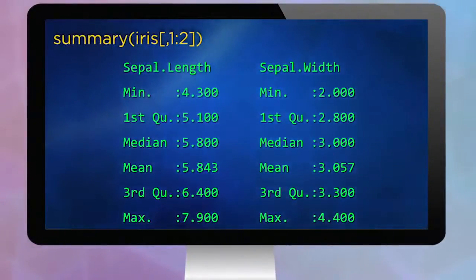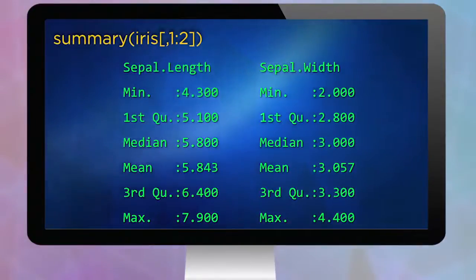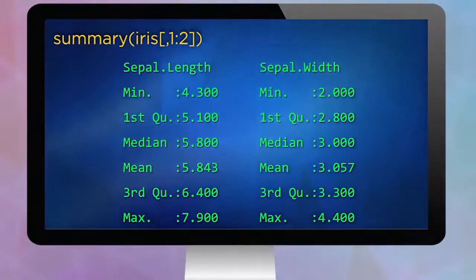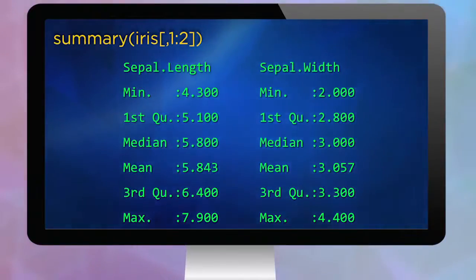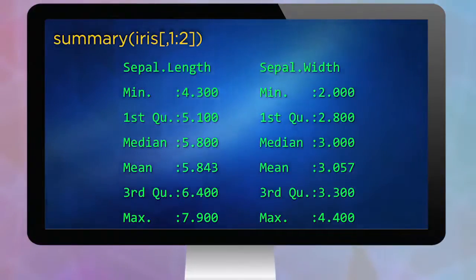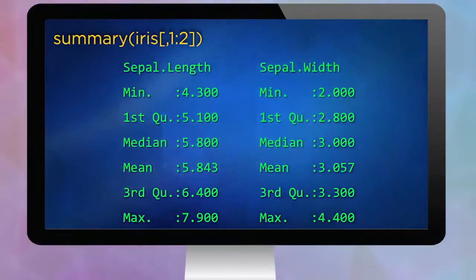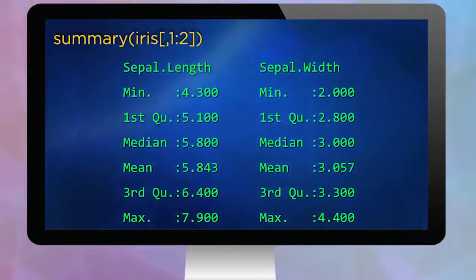You see the minimum value, the first quartile, the median, the mean, the third quartile, and the max. So immediately just looking at your minimum and max, you can see, say for sepal width, from 2 to 4.4, the range of your data and how spread it is. Notice that sepal length, on the other hand, has a minimum of 4.3 and a maximum of 7.9.